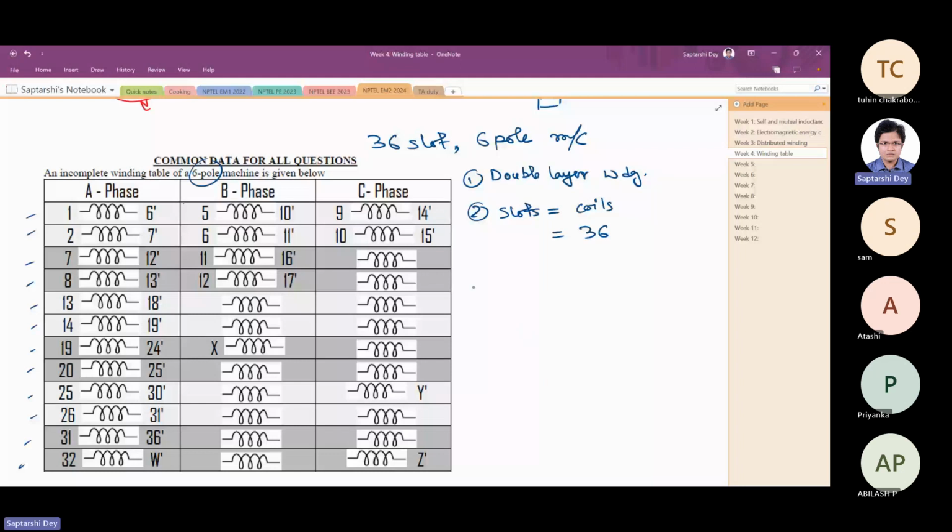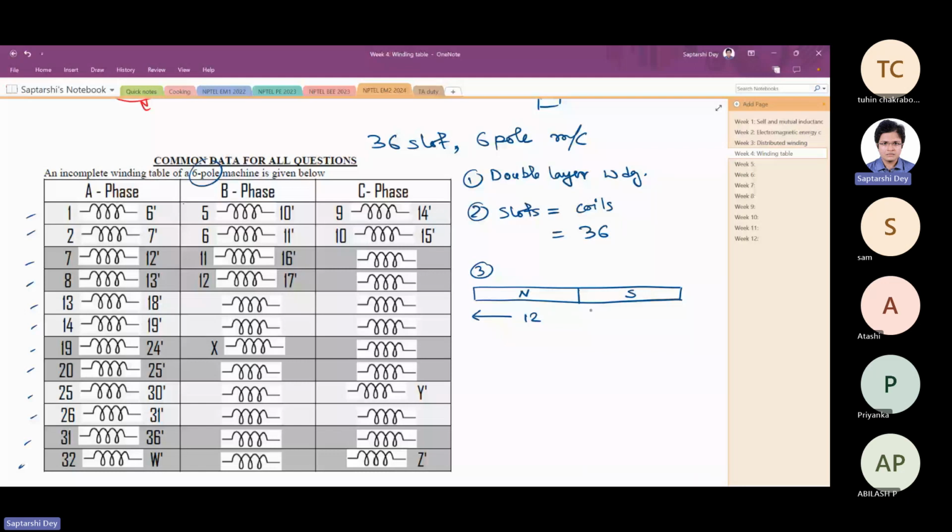we discussed this last day that one pole pair, or a 2 pole machine, is the smallest possible machine that you can have, unit machine. One pole pair, if we have, so total 3 pole pairs we have, out of which we have taken 1 pole pair. So 1/3 we have taken. So definitely there will be a total of 12 slots.